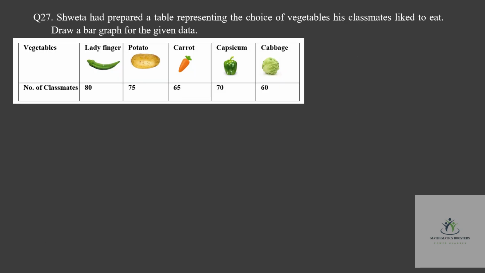Next, Shweta had prepared a table representing choice of vegetable. 80, 75, 65, 70. First, we choose the scale. These all are multiples of 5, so we can take 5 or we can take 10.